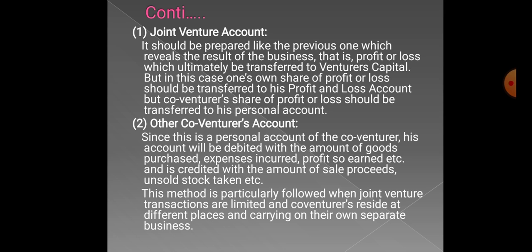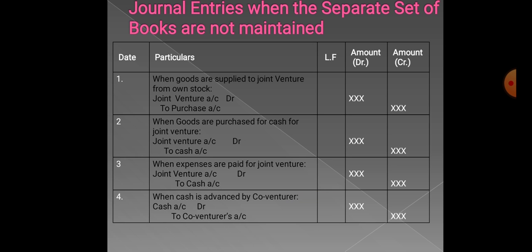On the debit side of the co-venturer's personal account, the sale proceeds, the unsold stock taken over and his share of loss will be entered. The balance of this account represents the amount to be settled, so it will be closed after the settlement of the amount due. These are the details about the two accounts prepared in this second method.